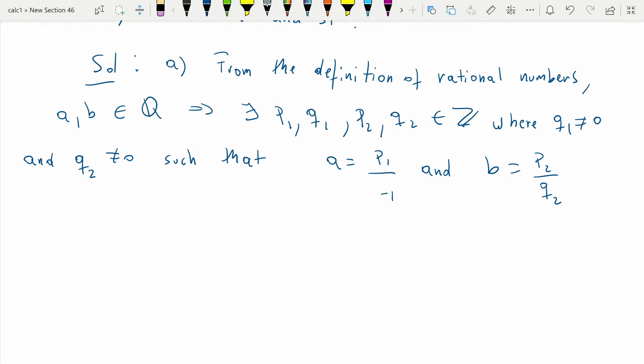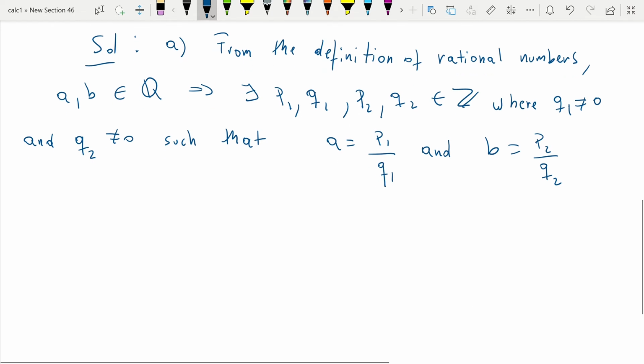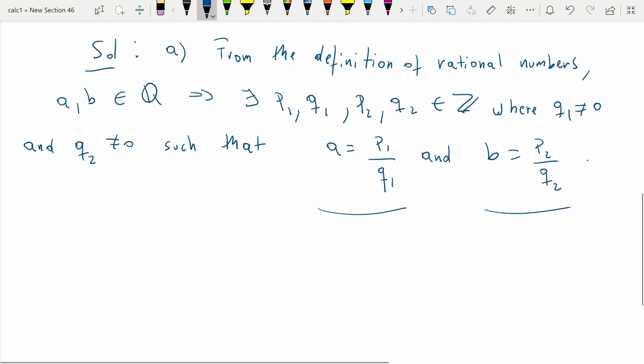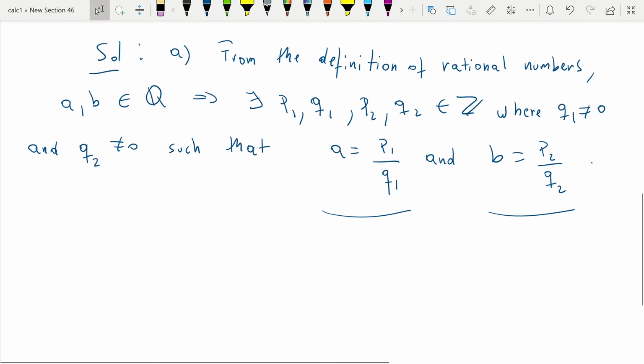Right, so this is the given information. So A and B are both rational numbers, and now you're going to add them and multiply them, and then you're going to see that they're rational numbers as well.